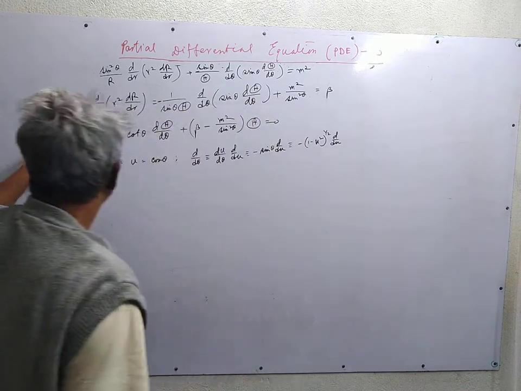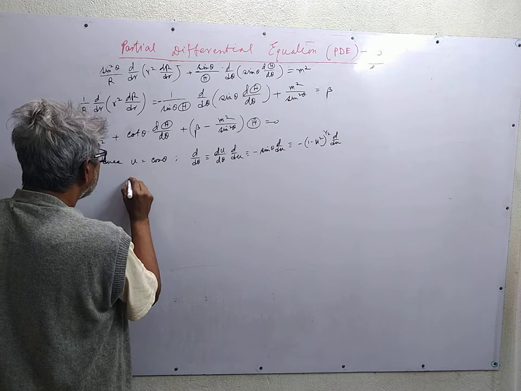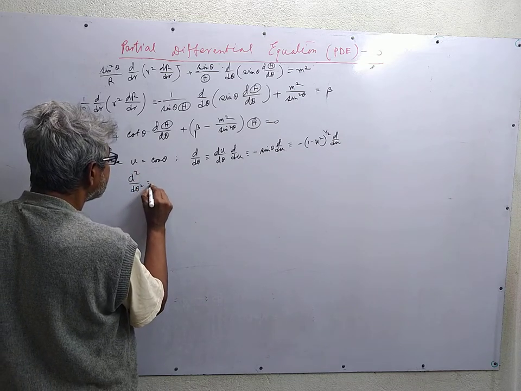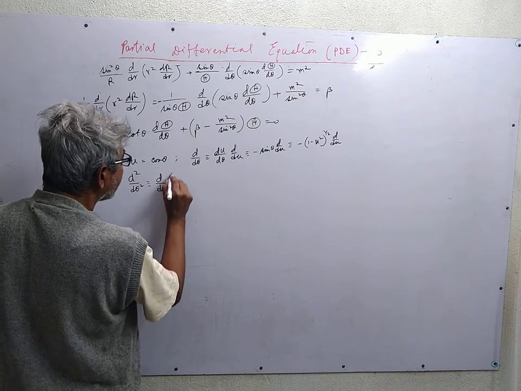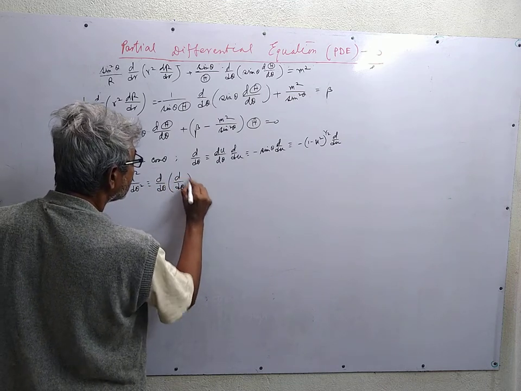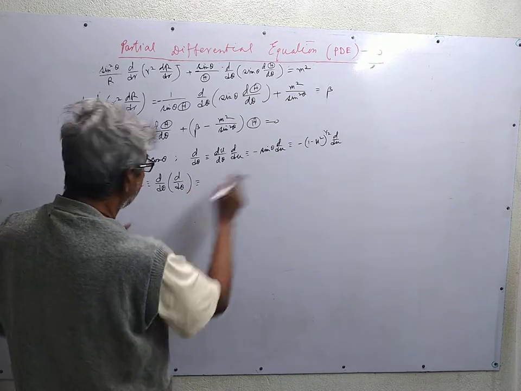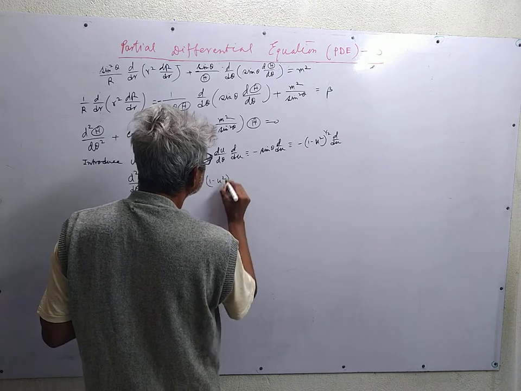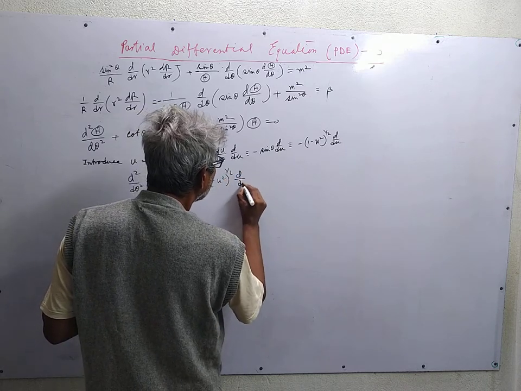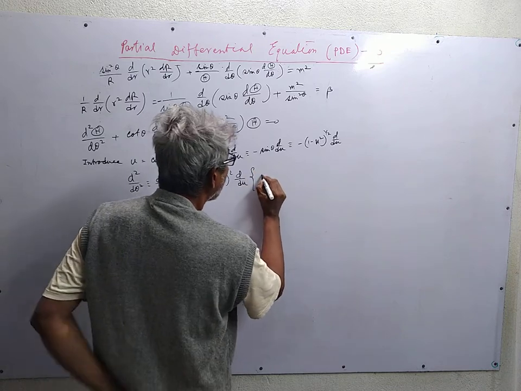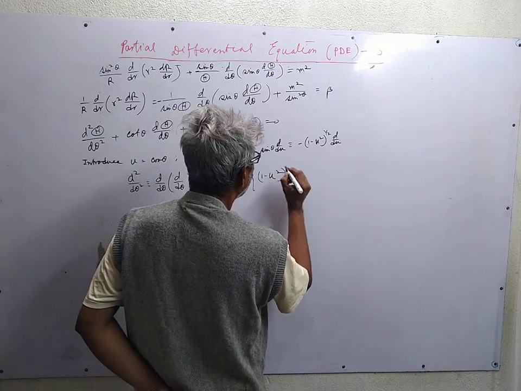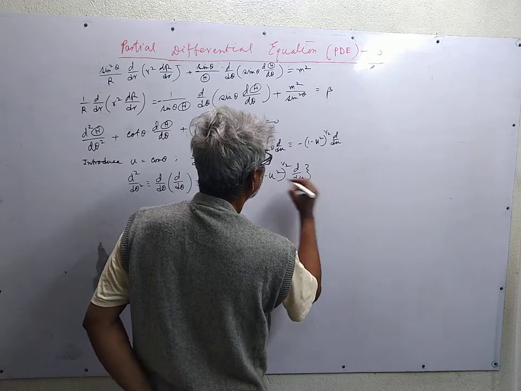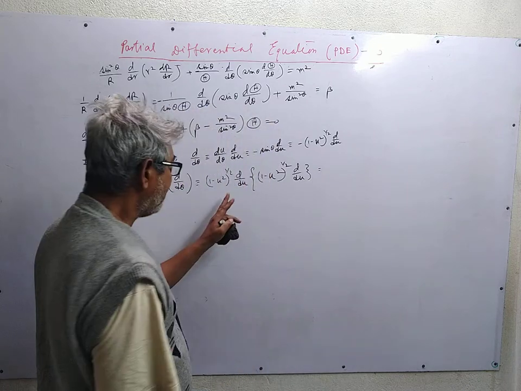So here we have a double derivative, so d2 d theta 2 is equivalent to d d theta operating on d d theta. The double minus sign cancels, so this is the first part.